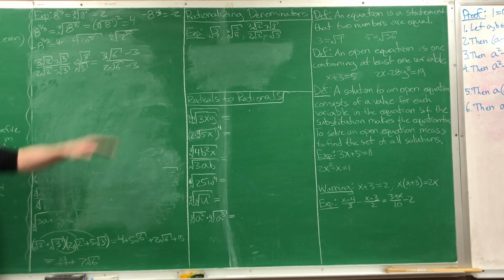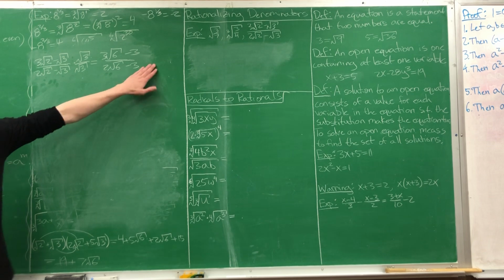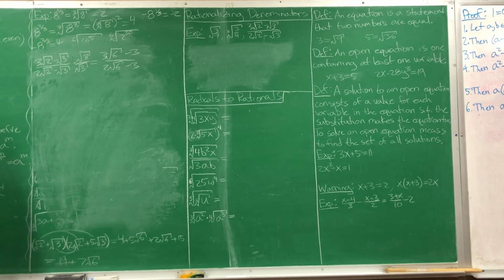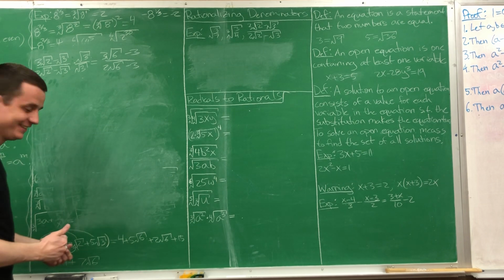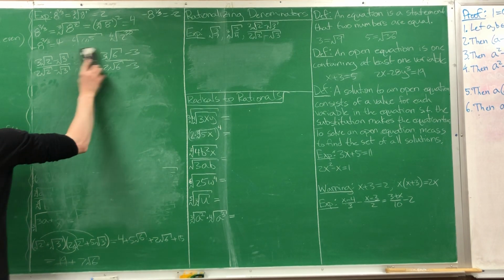And we still need to get rid of that square root of 6. Now what are we going to do? If you multiply by square root of 6, you'll get rid of it there, but then you got it back on that term.